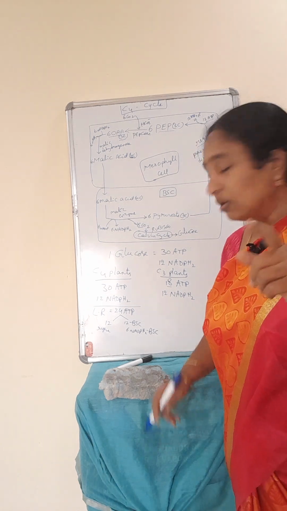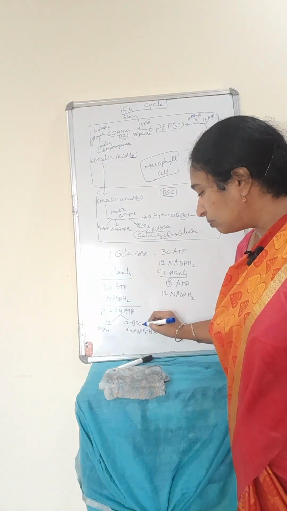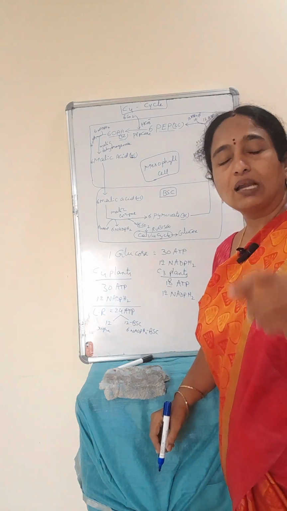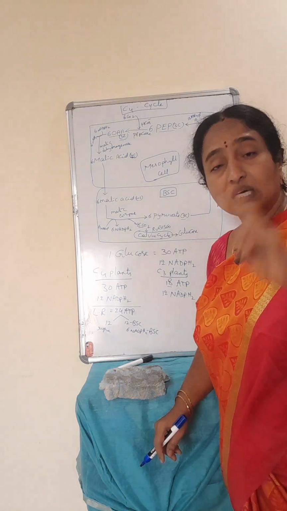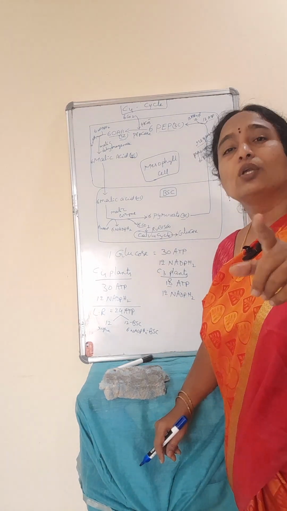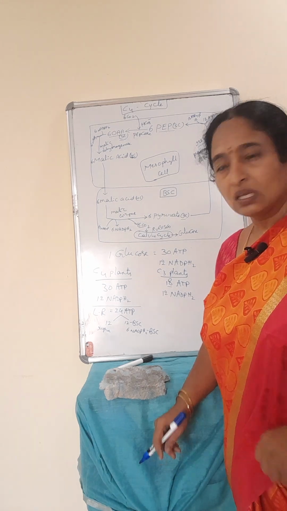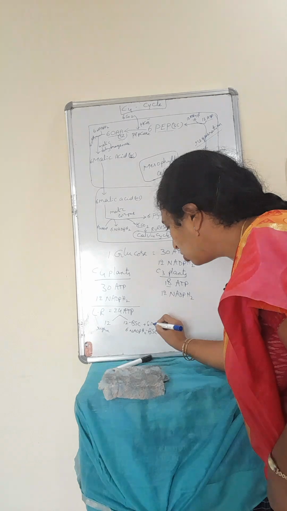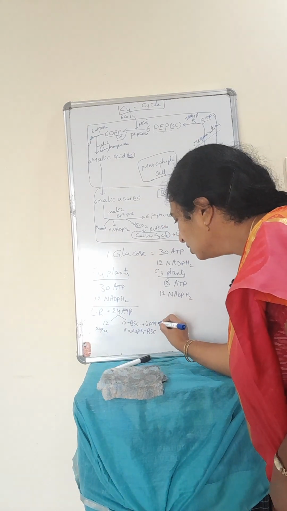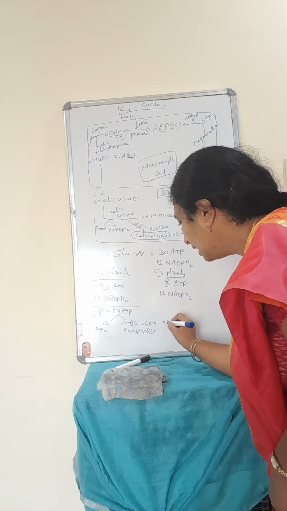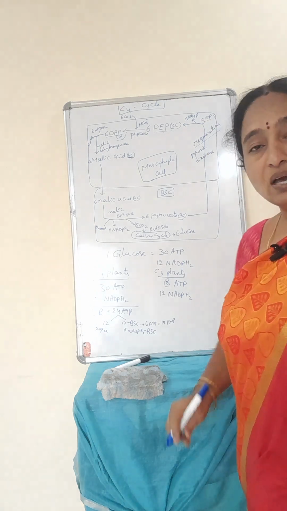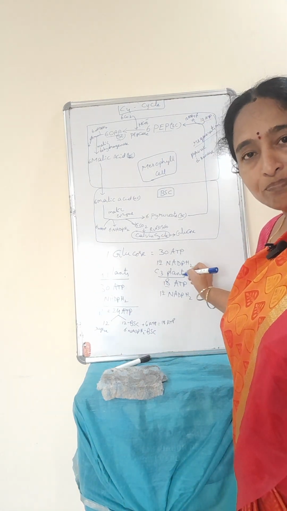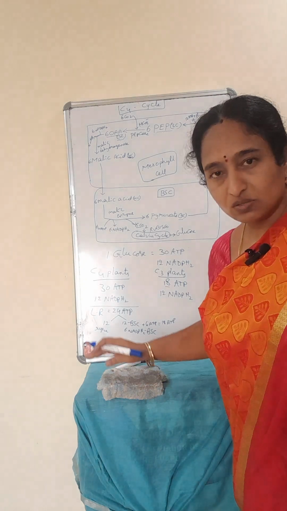We need 6 more ATPs, so the agranal chloroplast will undergo 6 turns of cyclic phosphorylation to produce 6 ATPs. So totally we have received 18 ATP molecules, which is required for one glucose in the C3 cycle. Now the ATP production is over.